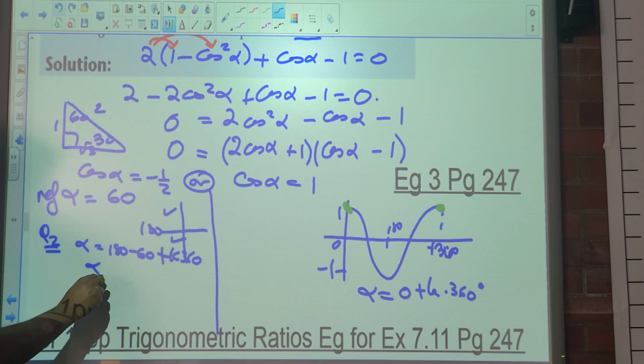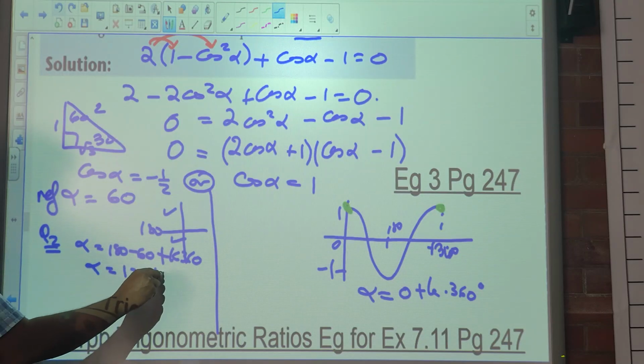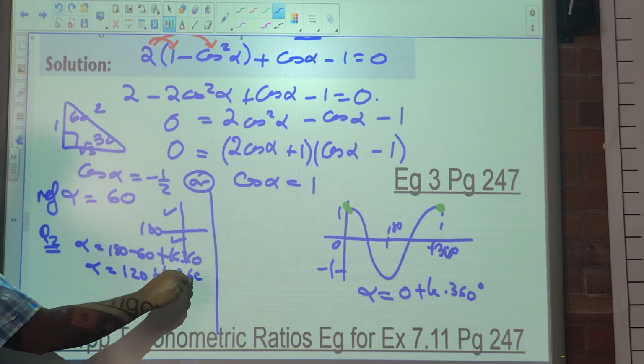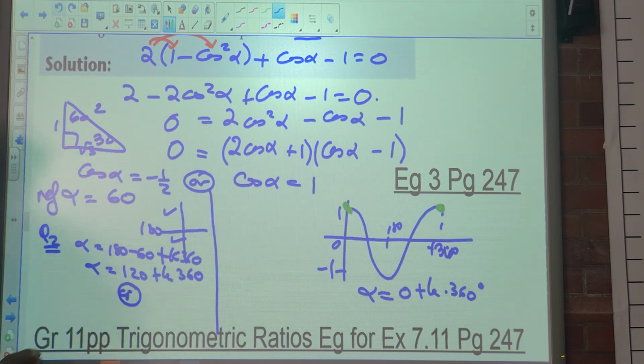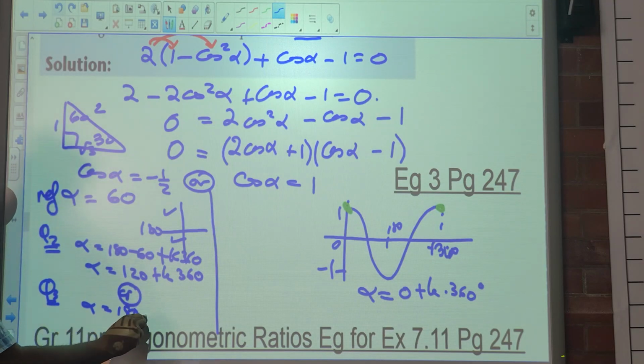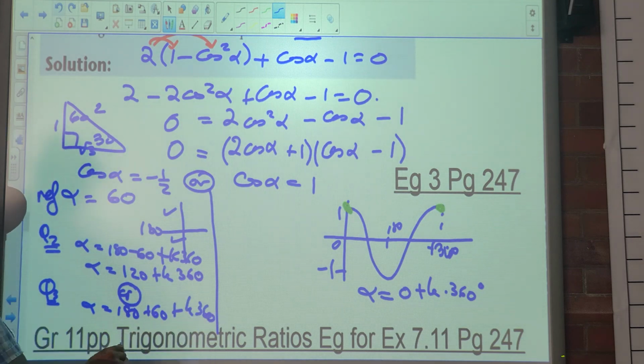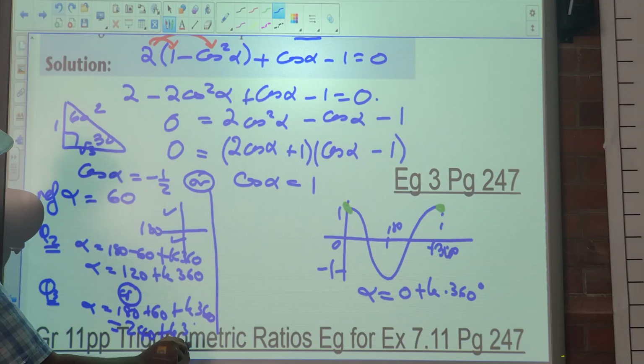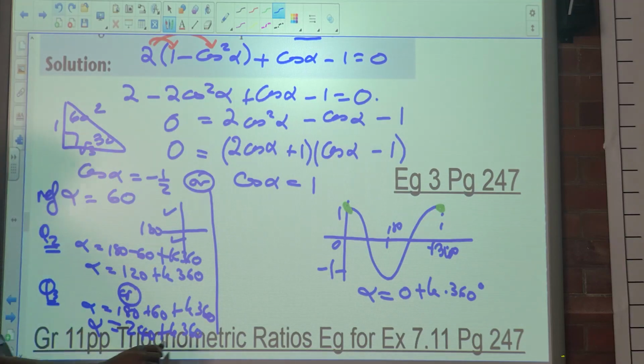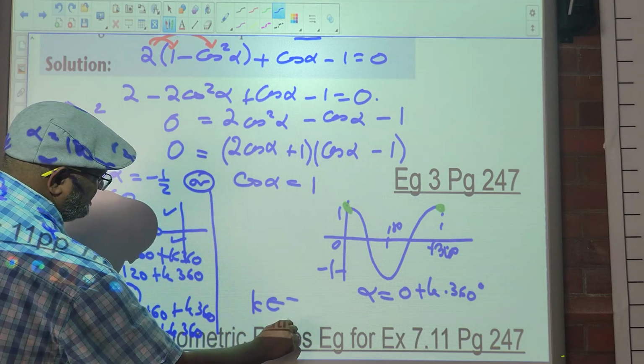So alpha is equal to 120 plus k times 360. How do you get quadrant 3? So it's 180 plus 60 plus k times 360. So I'm going to give you 240 plus k times 360, where k is an element of the integers.